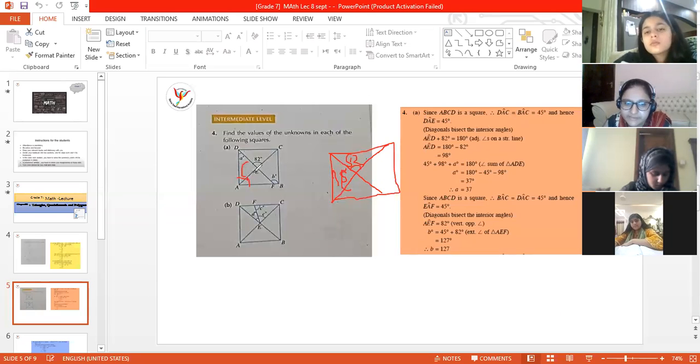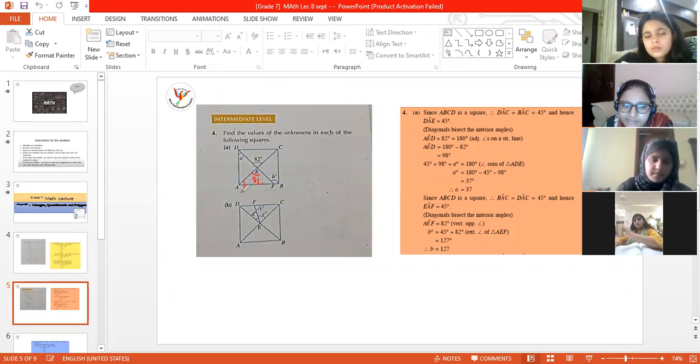If I am seeing this side, it will be equal to 82 degrees. If this is 98 degrees, this will also be 98 degrees. I hope the concept of vertical opposite is clear. If this is 82 degrees, this will also be 82 degrees, right? Vertical opposite angles. This side is already known, which is 45 degrees.